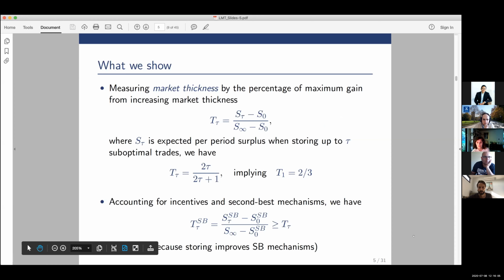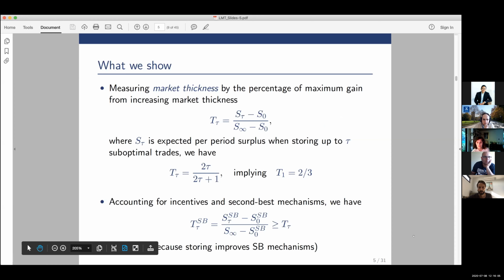There's also a connection to the literature on microfoundations for Walrasian equilibrium. There and here, price distributions are going to converge to the Walrasian price as the discount factor becomes large. But in our setting, the equilibrium under price posting is almost always efficient.